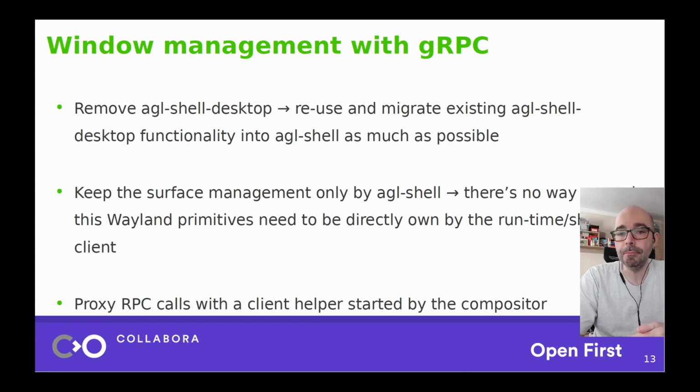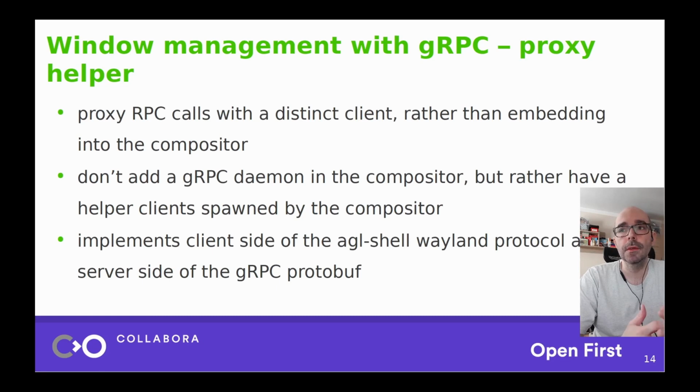And the idea is to have this helper RPC client, which proxies RPC calls to Wayland calls. So this proxy of RPC calls is a distinct client. Rather than writing the gRPC implementation in the compositor, this is a distinct client that can be compiled out if you don't really want to use it.